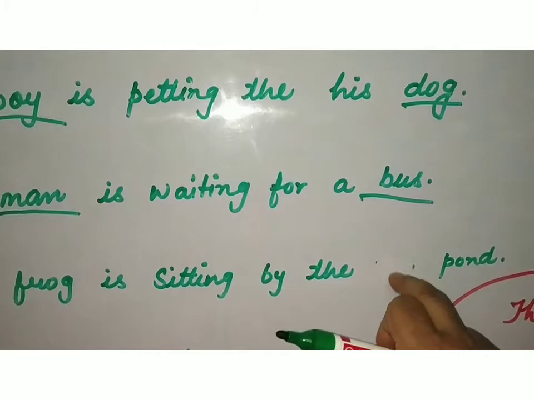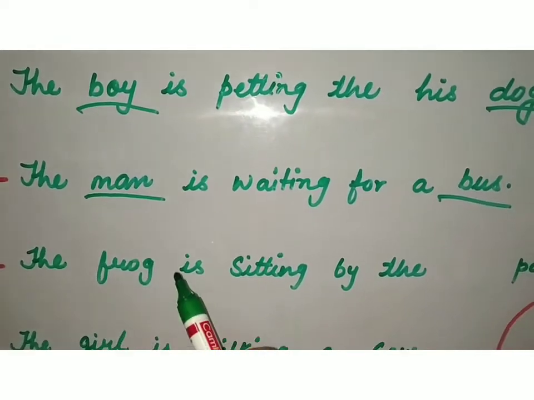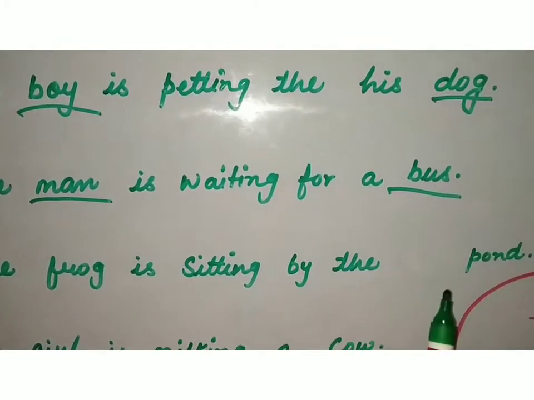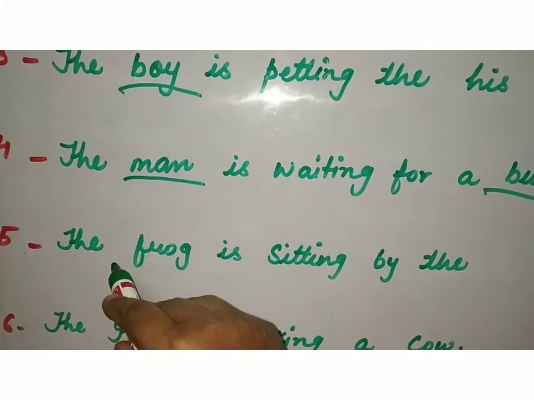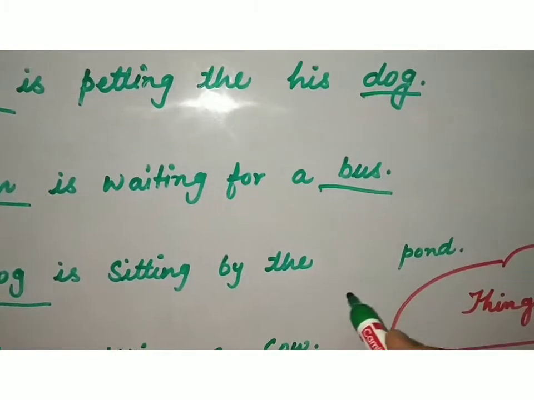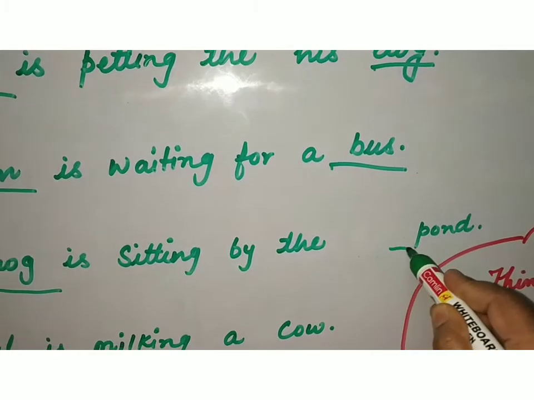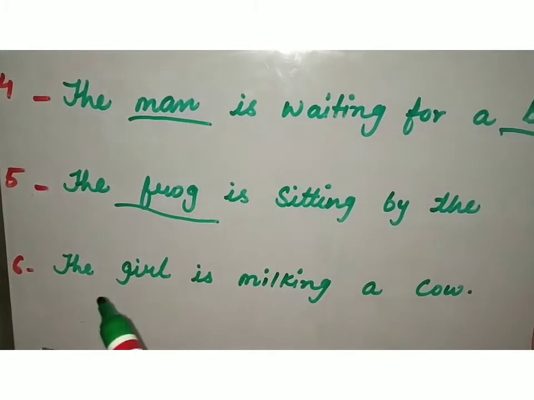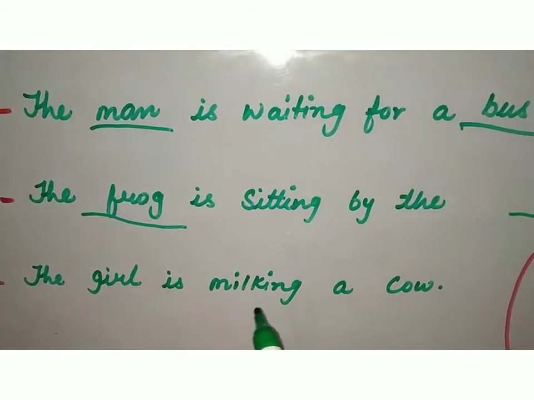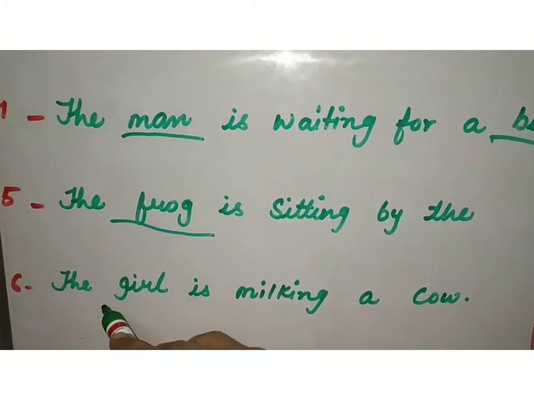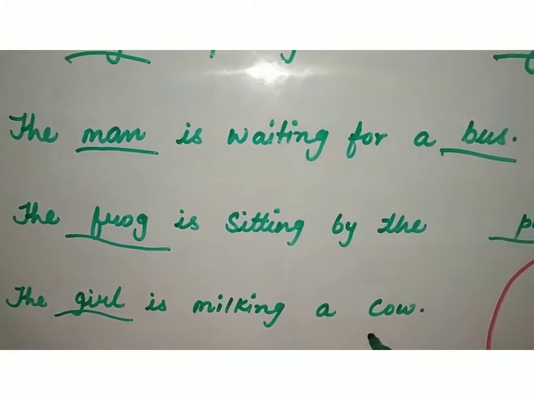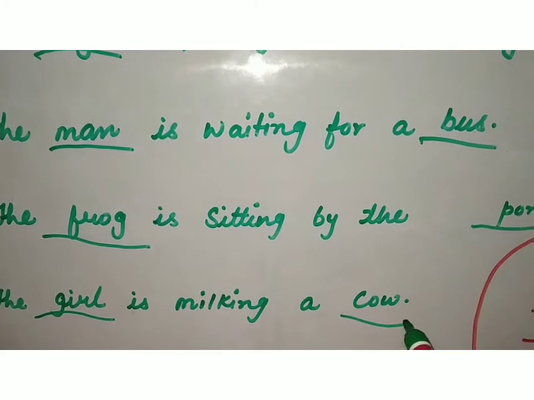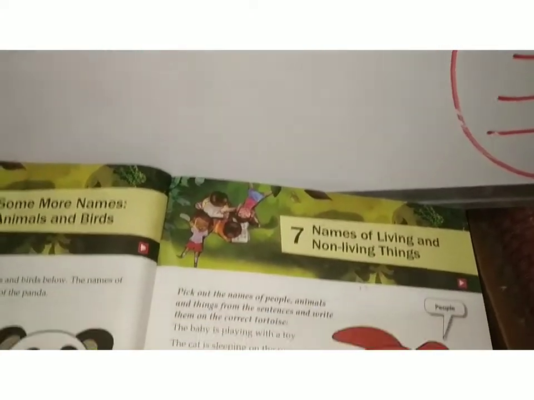So frog is an animal name, no, frog is an animal, and what is pond? Things. Then the sixth one, the girl is milking a cow. Girl is a people and cow is an animal, no. You can see the same in the book.